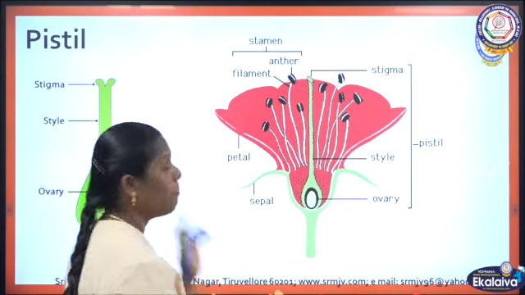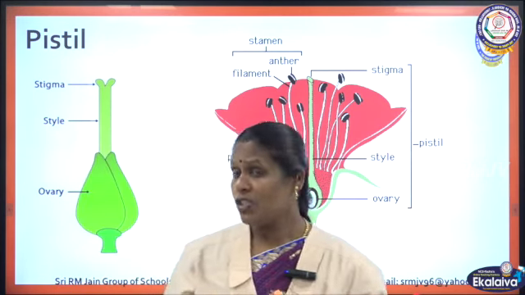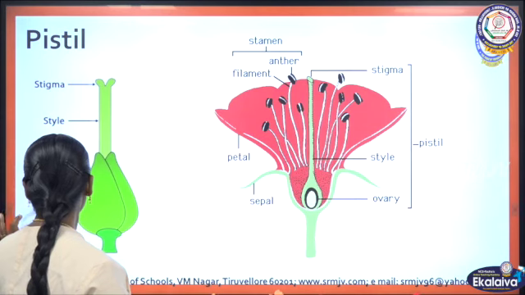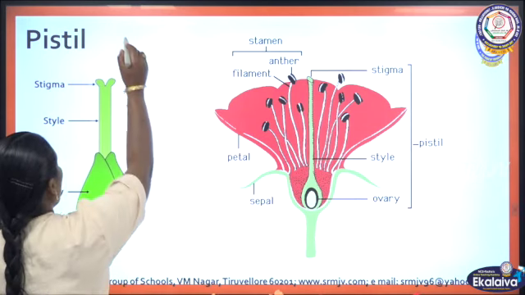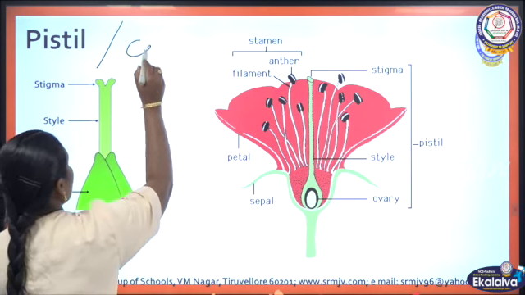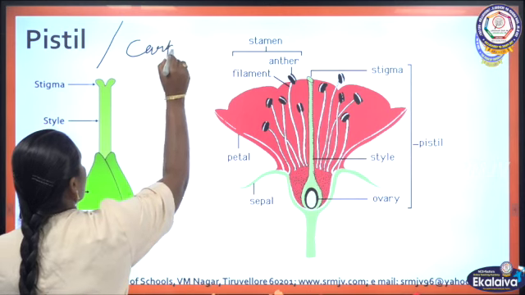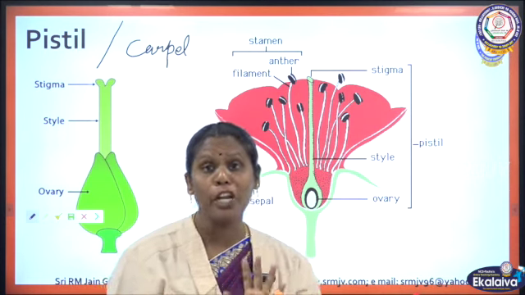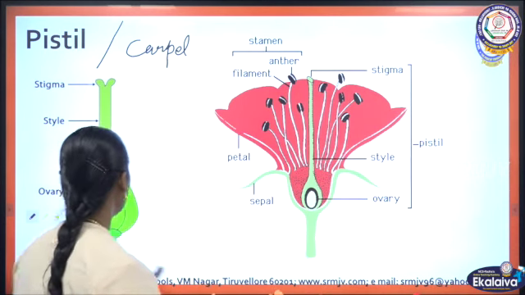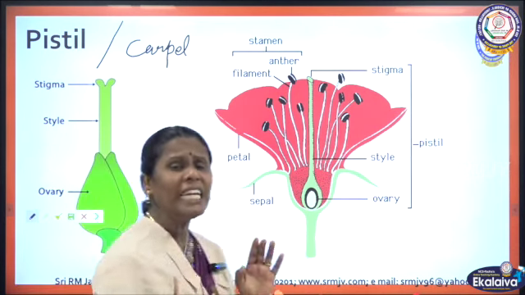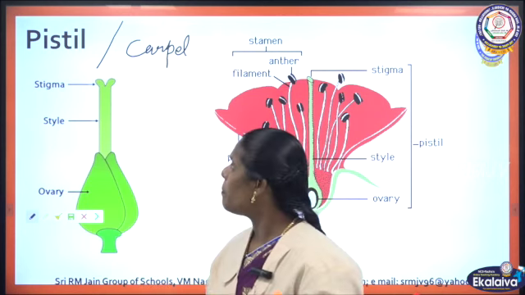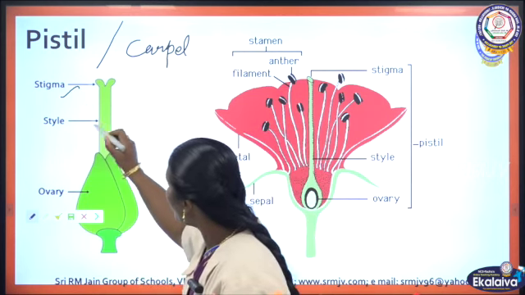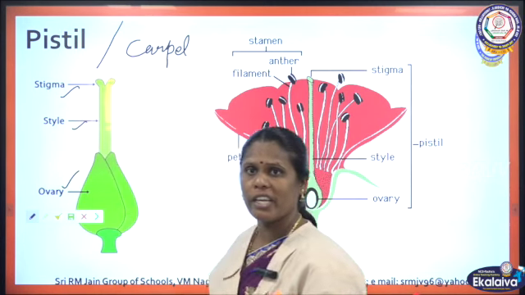Next one, pistil, otherwise called carpel also. This is the female reproductive part of the plant. Here you see it consists of three parts: stigma, style and ovary.